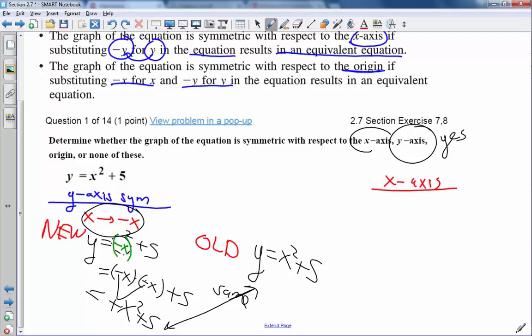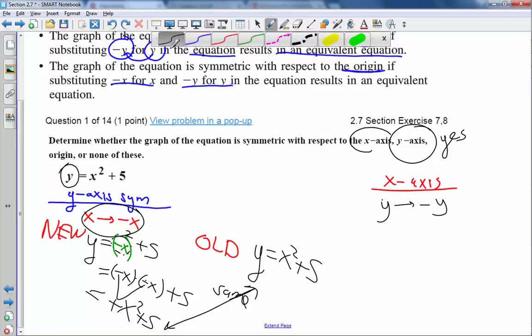For the x-axis, guess what I replace? I replace y by minus y, agree? But where are the y values? Here, there is only a single y. I'm going to make that minus y, right?